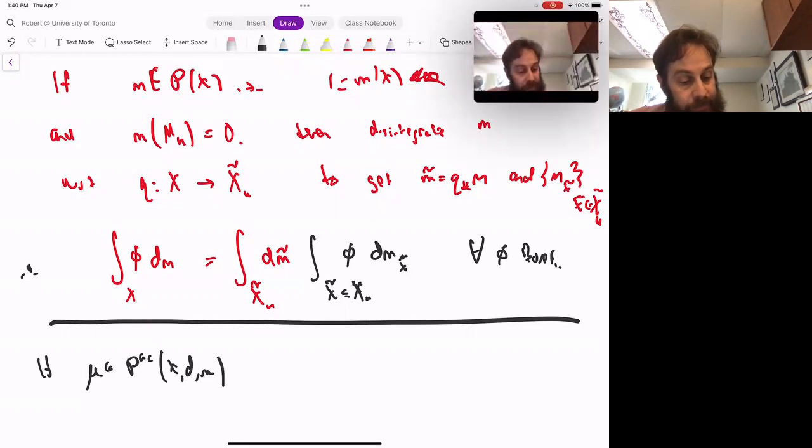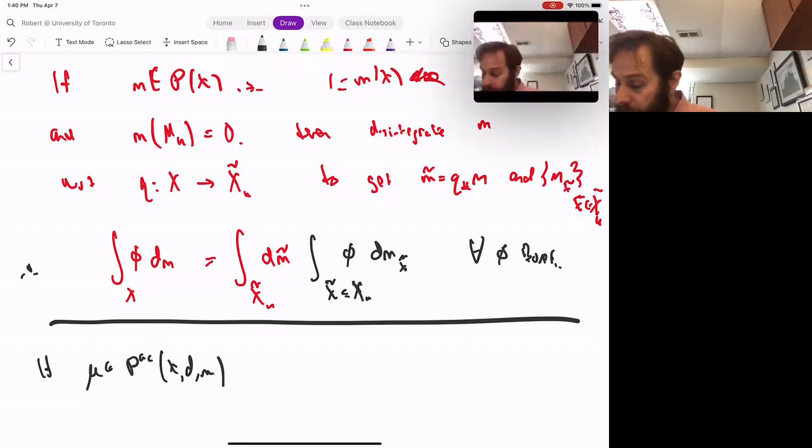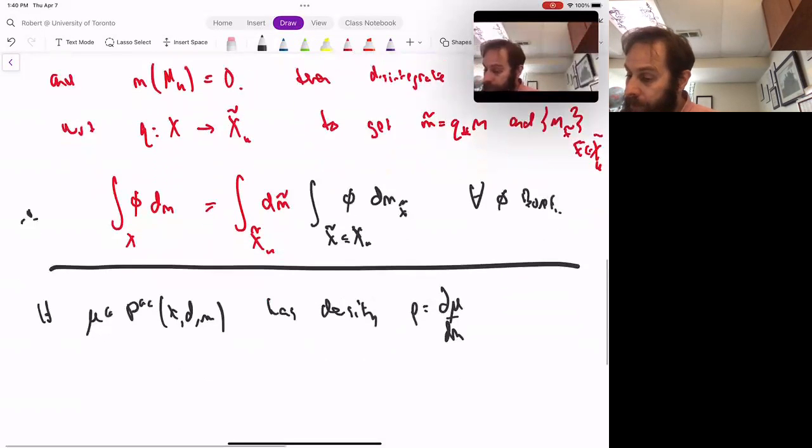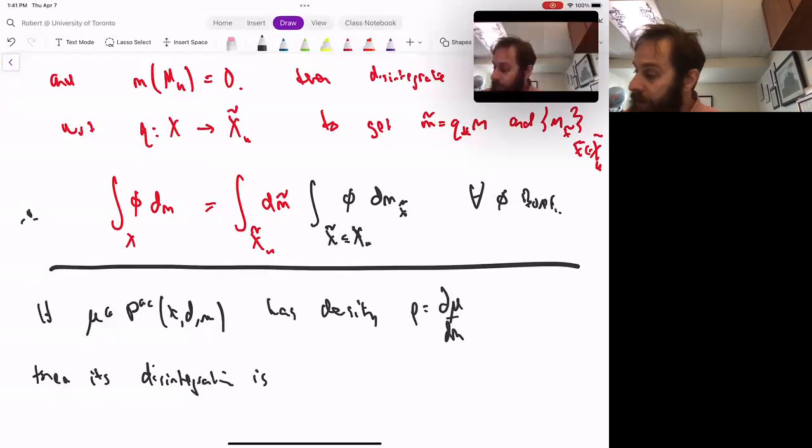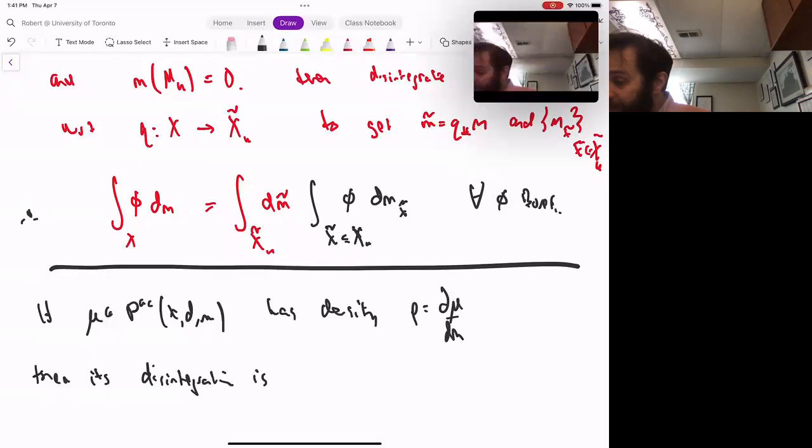And if I denote its density by rho, then its disintegration is pretty related to the one above.